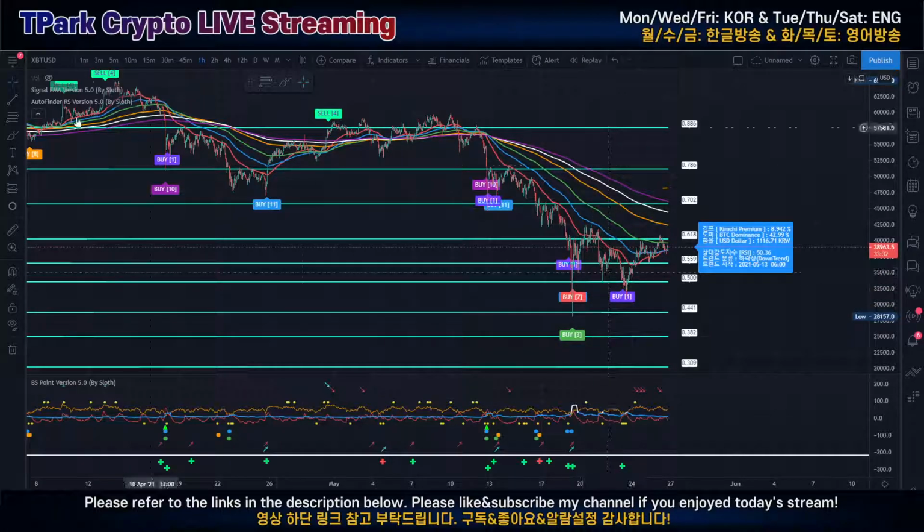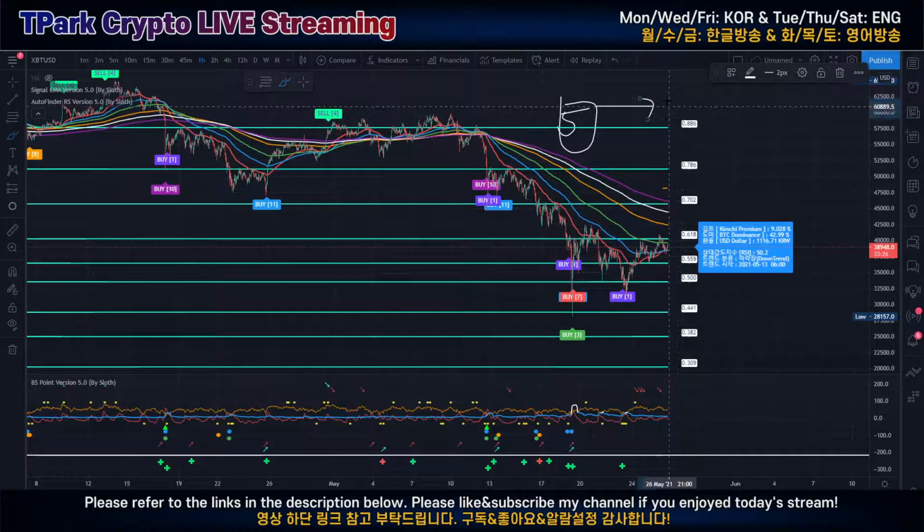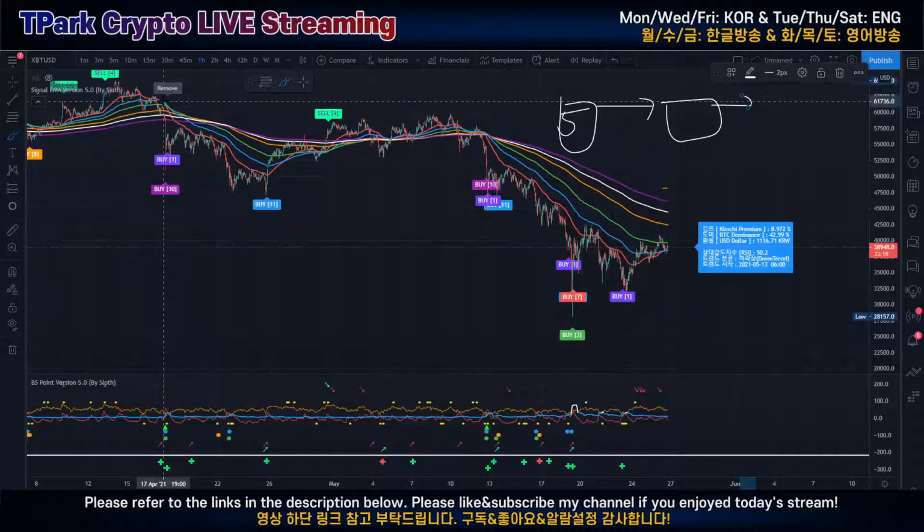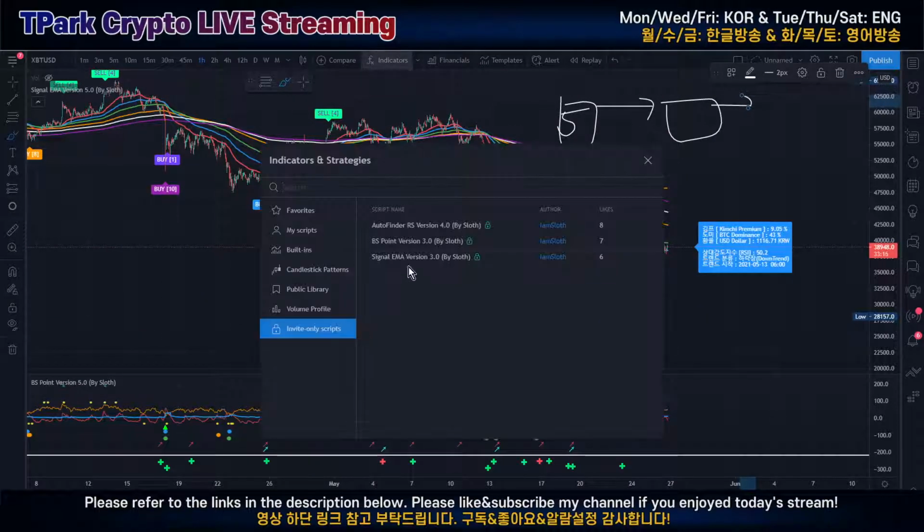We have version 5 now. Once you purchase it, we will upgrade automatically. So you don't need to reapply after a new version has come out. All you have to do is close it, like press the X, and again go in here, and then turn it back on. That's it. Very simple, right?